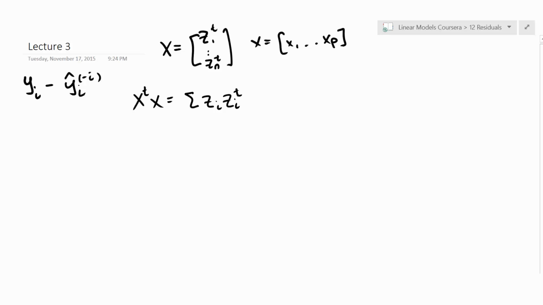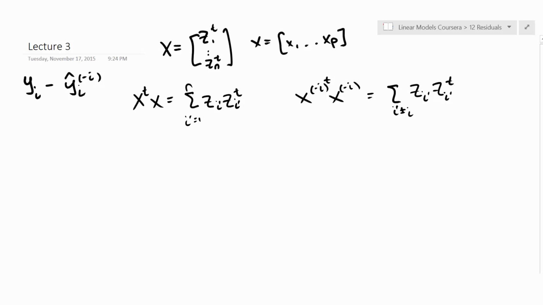So the X transpose X matrix, where I've deleted the ith data point, is just the sum over i prime not equal to i of zi prime zi prime transpose, whereas the full matrix sums over i equal 1 to n, all of the indices.